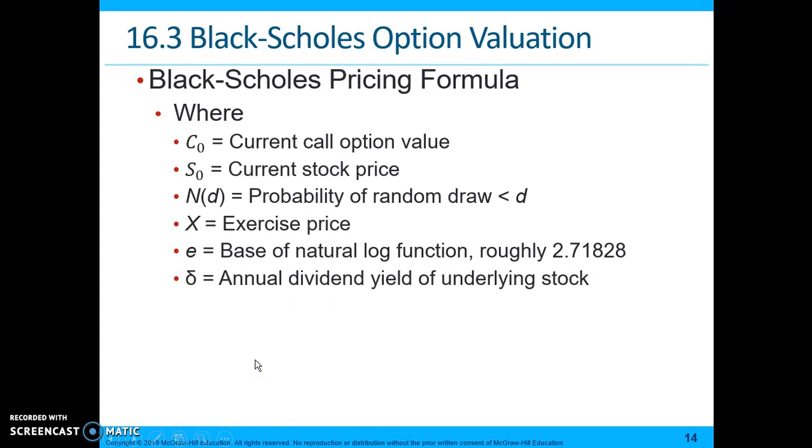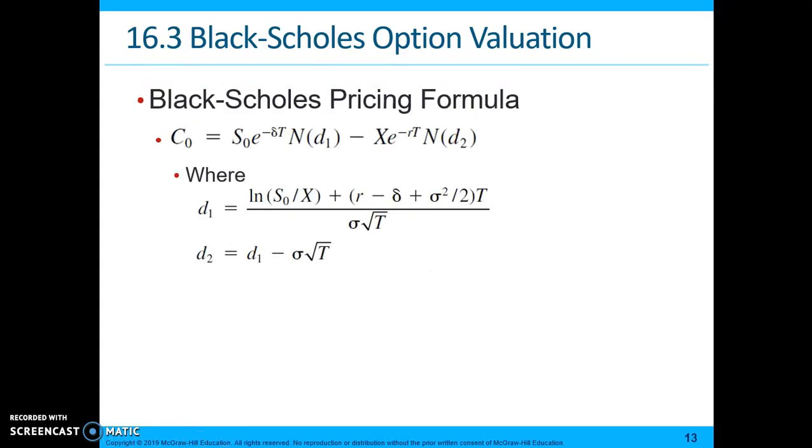So if we go backwards, we can look at d1 and d2. If you look at this formula, one thing you'll notice is that d1 and d2 both go up as stock price goes up. What that means is, the higher the stock price is, the more likely it is that the call option is going to be in the money, and as a result, the value of that option is going to be greater.